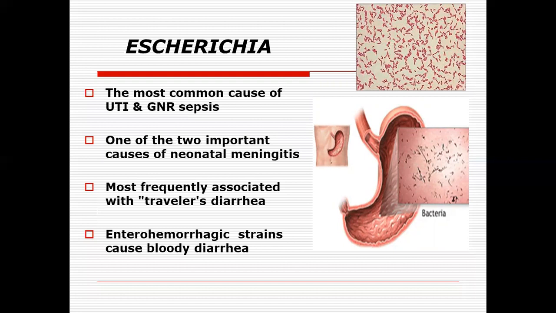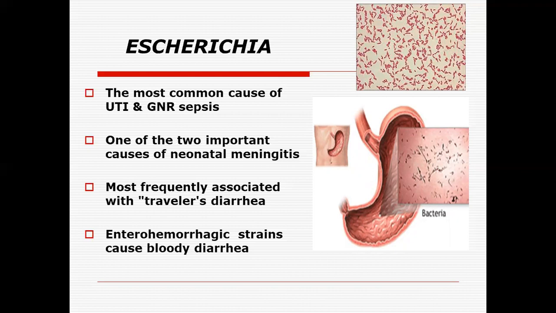Once you may have been in the 10th grade class or in the first or second grade class, you must have studied or at least be aware of the name of this microorganism. Escherichia is the name of the genus, and we have many species. Now, Escherichia are the most common cause of UTI and gram-negative rod sepsis.